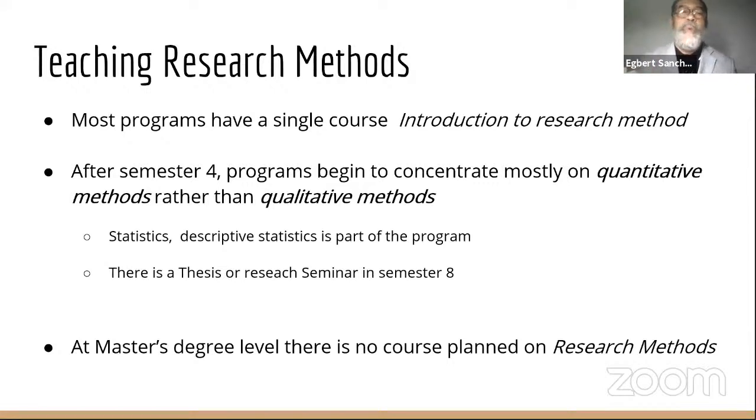When they get to the fourth semester, the program begins to concentrate on qualitative and quantitative methods, but the focus is on quantitative methods rather than qualitative methods. Mostly they cover descriptive statistics as part of the program, and at the end they have the big part, which is the research seminar or thesis seminar.